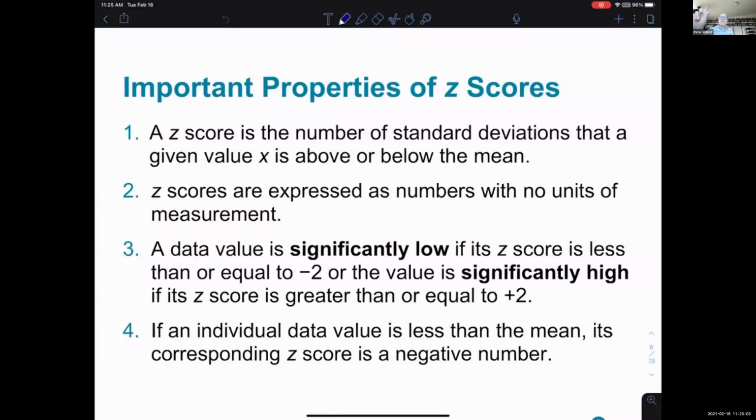And this matches exactly the previous section in 3.2, where we talked about significantly high or low values being more or less than 2 standard deviations away from the mean. That would mean that they have a z-score bigger than 2 or less than -2. If an individual data value is less than the mean, its corresponding z-score is a negative number. And if it's greater, it's a positive number.